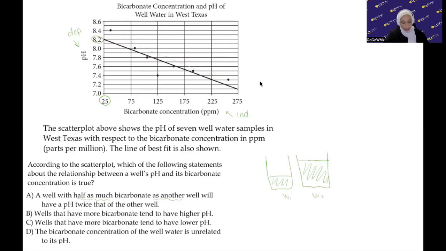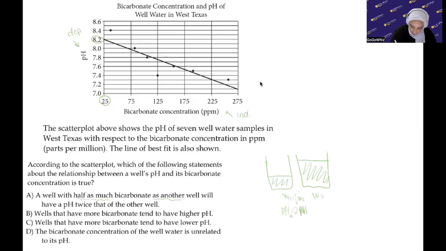It's saying that when a well has a bicarbonate concentration that is half as much as the other, so well 1 having half as much as well 2, the pH level is going to be twice as much. So the pH of well 1 will be double the pH of well 2.